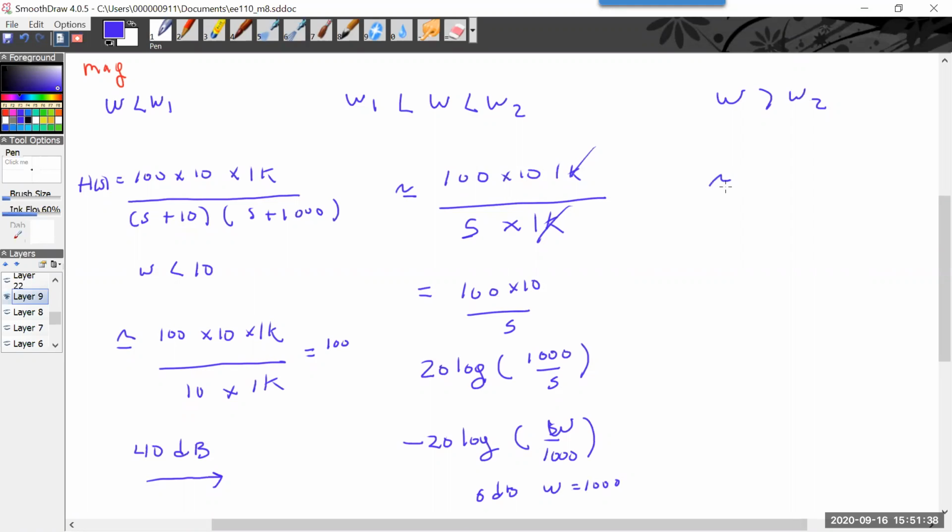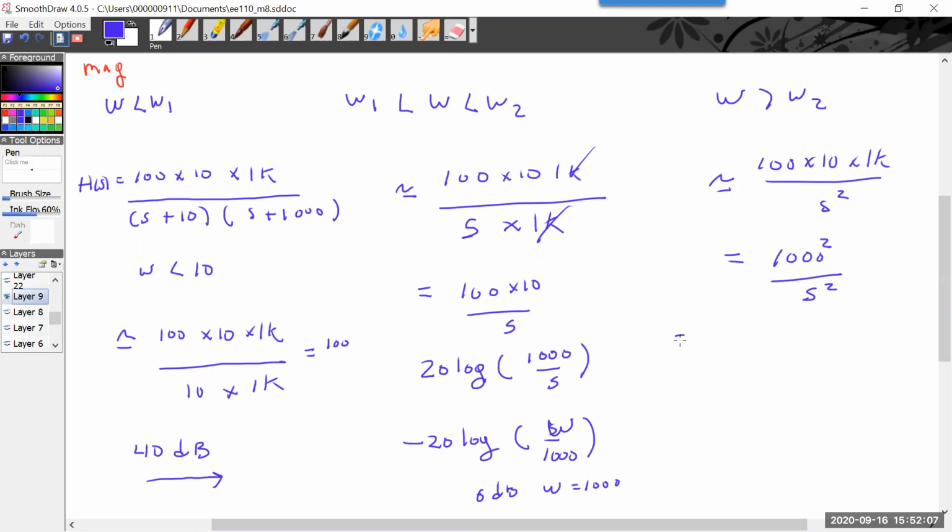Now, when omega is greater than the highest pole, right? So that means S is greater than that, S is greater than that. We're left with this.